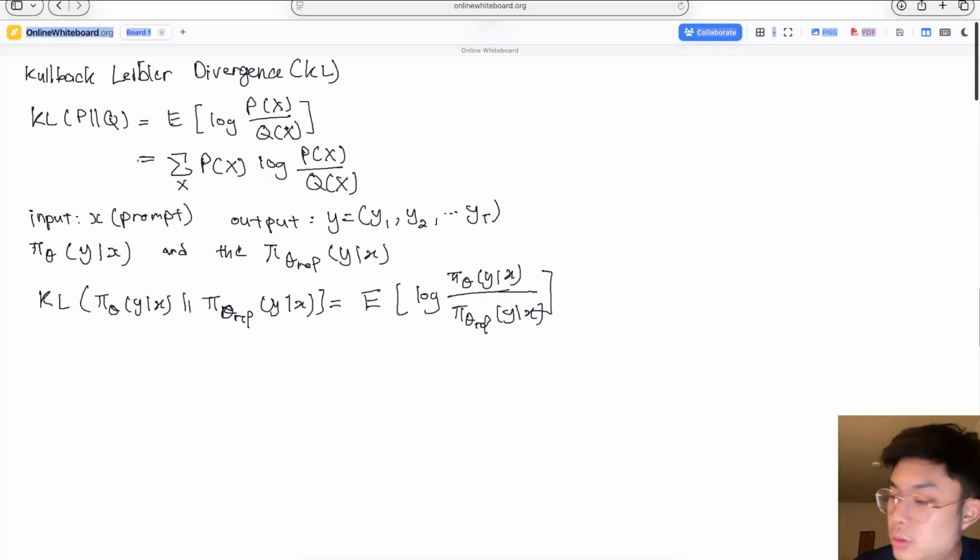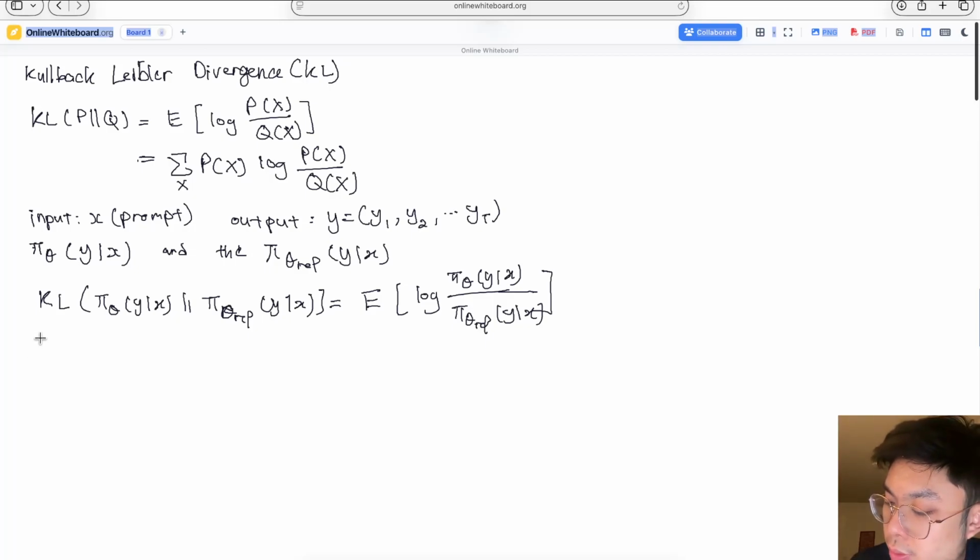Now what does this mean? In the RL setting, computing the full KL might be too expensive because we have to sum over all the different sequences.